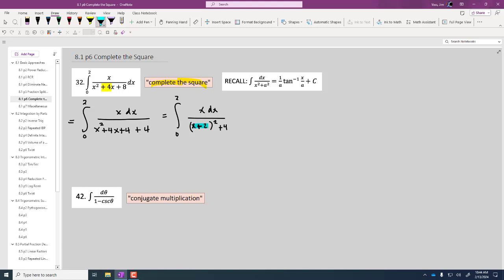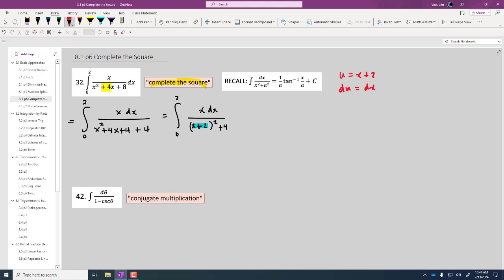We don't quite have an inverse tangent thing set up, but it's smelling a little bit inverse tangent-y. But we've got that numerator of x, and there's no x up there. So let's try substitution and see if that can shed some light. This is integrating: trying stuff and seeing what sticks.